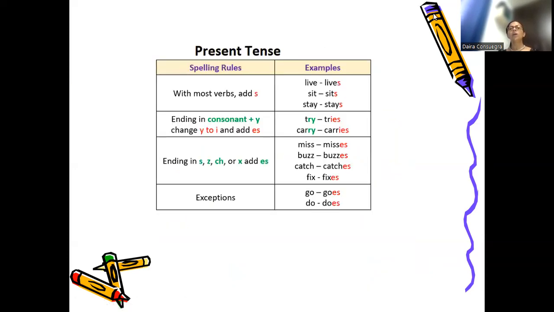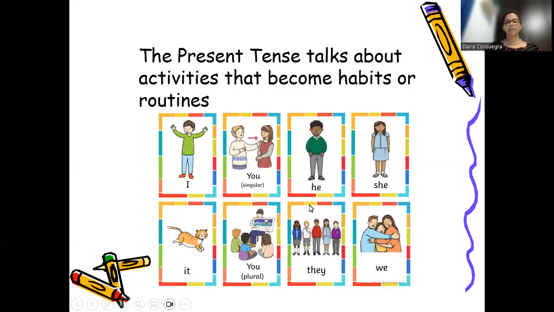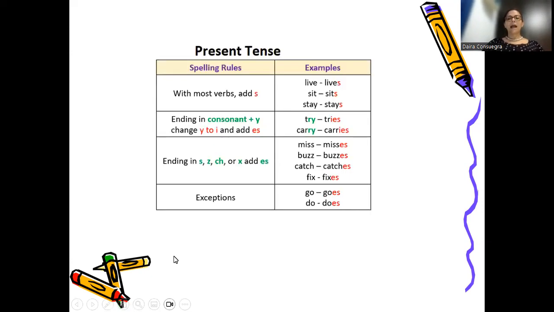When we talk about the present tense, we have rules for the third person. Which is the third person? The third person is the pronouns he or she. For example, he and she and it are going to use these rules.